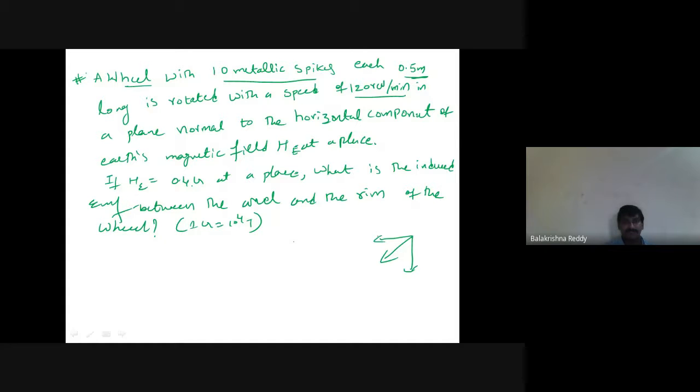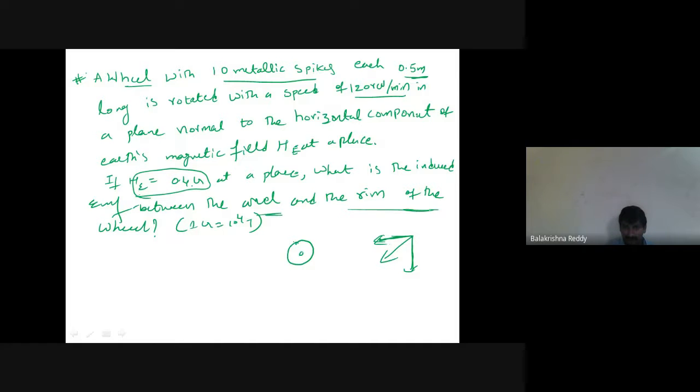This is the horizontal component of the Earth's magnetic field. So with respect to that it is making 90 degrees, in the sense it comes in the vertical position. HE is given as 0.4 Gauss at a place. What is the induced EMF between the axle and the rim of the wheel?